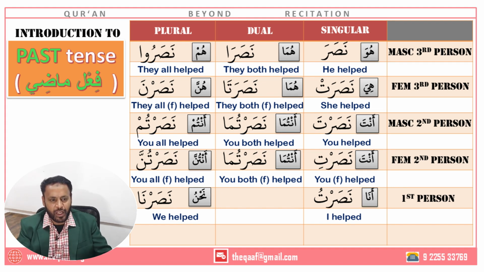Antunna. So Nasartunna. Got it? 6 words. You remember 1, Nasarna, and you got 6. Buy 1, get 6 free. But the crucial thing is you should be able to construct that word, Nasarna. Nasarta, Nasartuma, Nasartum, Nasarti, Nasartuma, Nasartunna. That's it. You got 12 out of 14 words.